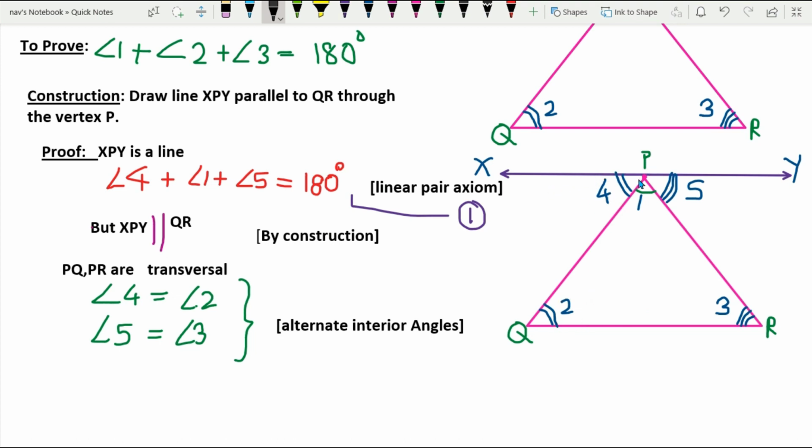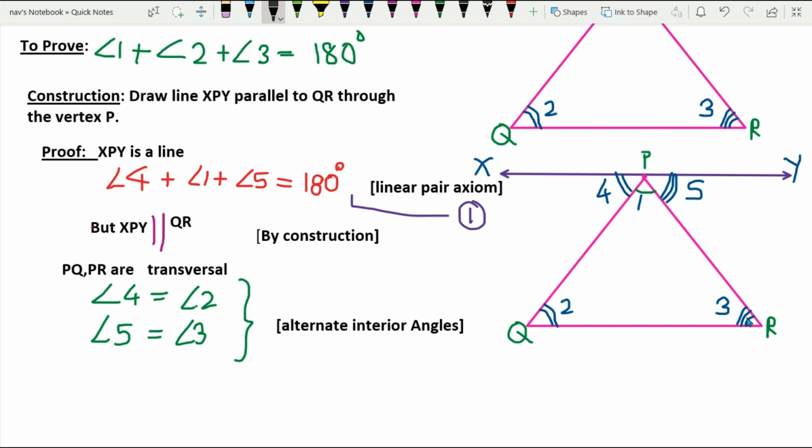So the alternate interior angles are equal. Angle 4 and angle 2 is a pair of alternate interior angles, and because these two lines are parallel, angle 4 will be equal to angle 2. That's what I have written here, angle 4 equal to angle 2. With the same reason, angle 5 will be equal to angle 3 because PR is a transversal again for the parallel lines XPY and QR.